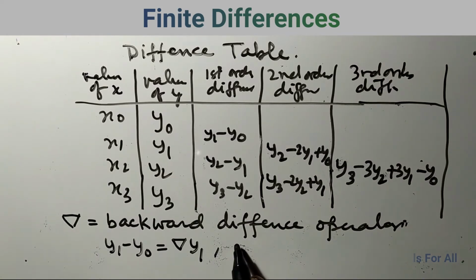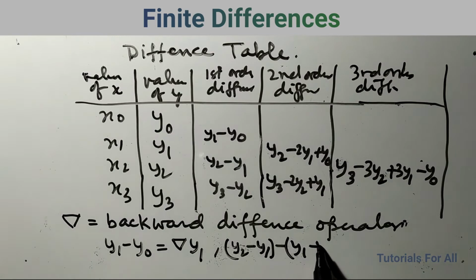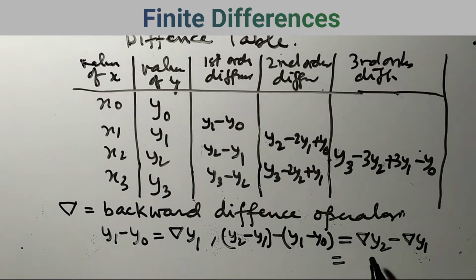And y2 minus y1 minus (y1 minus y0) is equal to del y2 minus del y1, which is equal to del square y2, a second order backward difference operator.